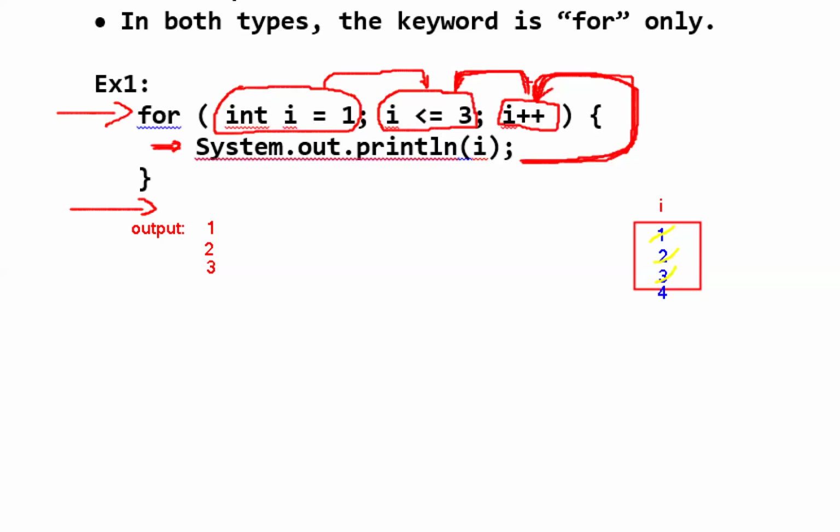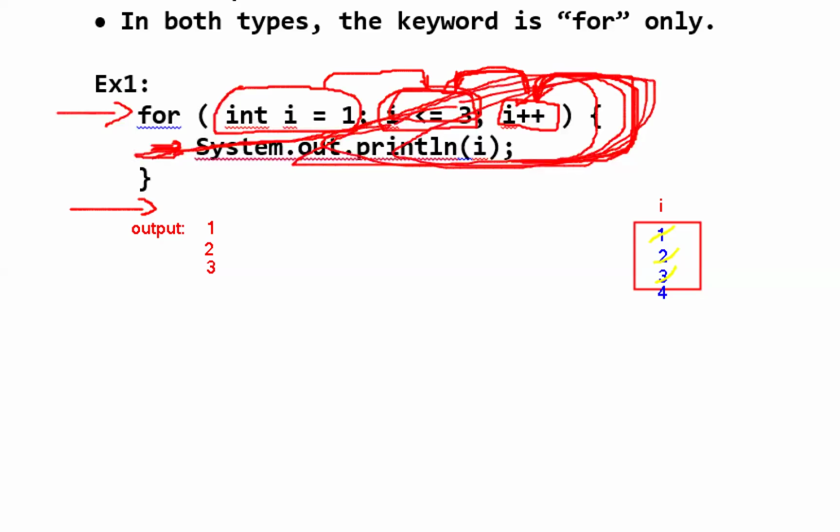After increment, again the condition. If the condition is true, statements again. So first the condition, then statements, then increment or decrement, then condition again. The loop is repeating like this. Folks, am I clear?